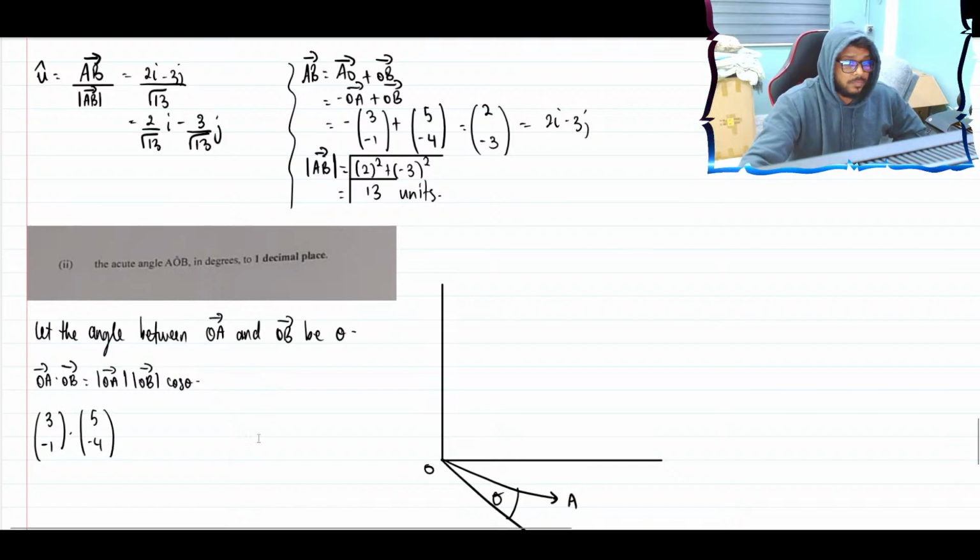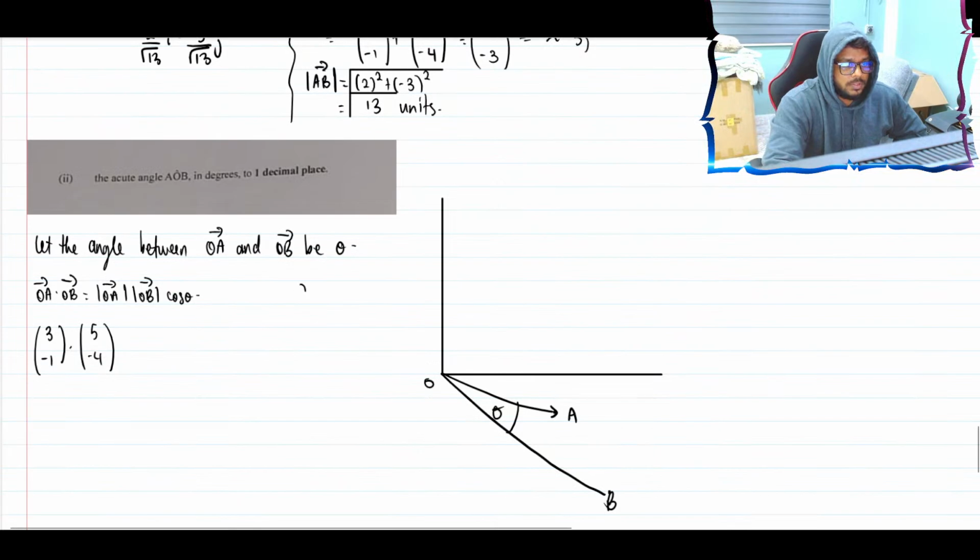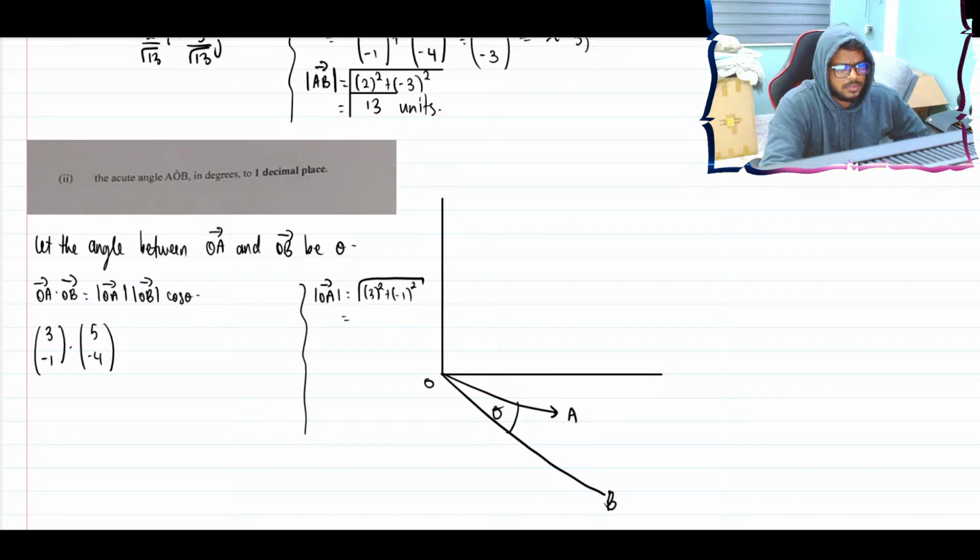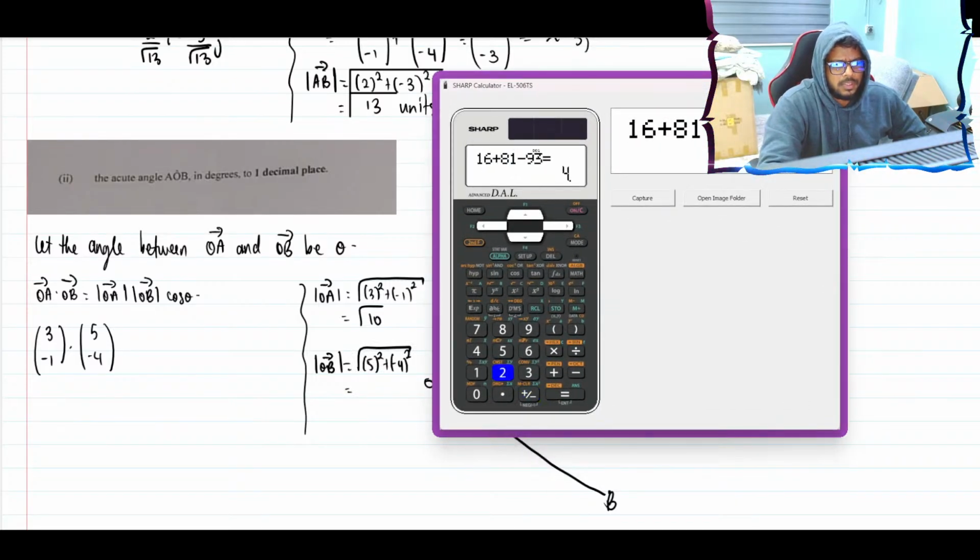We have to go and get the size of OA and the size of OB. The size of OA is the root of 3 squared plus minus 1 squared. That is root 10, 9 and 1 is 10. And the size of OB is the root of 5 squared plus minus 4 squared. 25 and 16, no shame in that, 25 plus 16 is 41. Root 41.